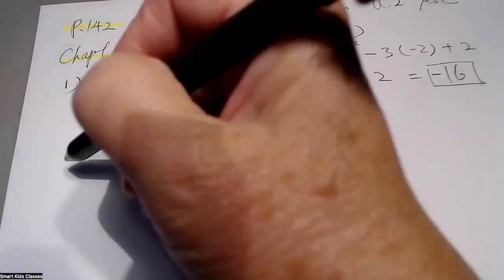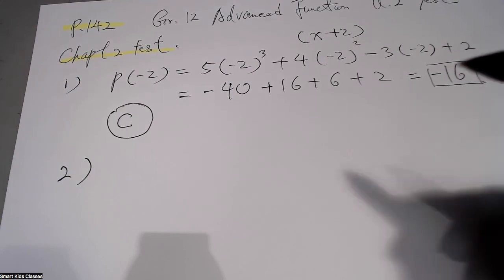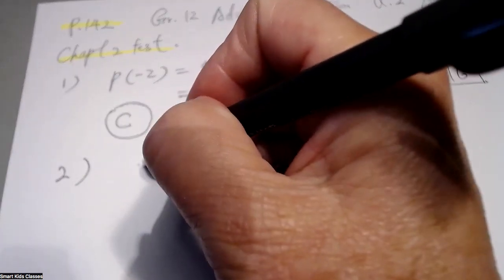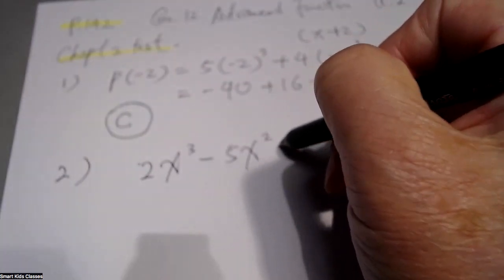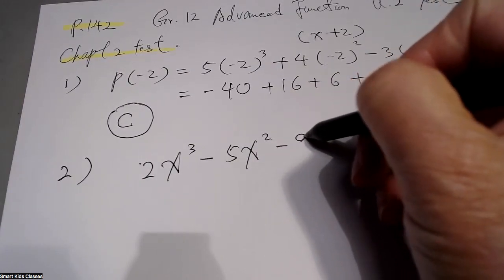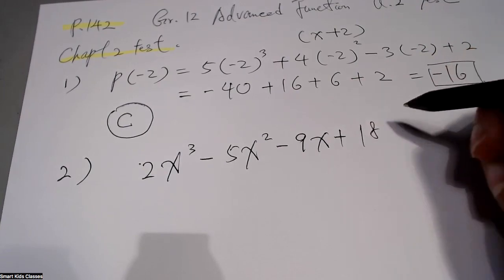Now, how about question 2? I'm going to read it for you. Question 2, which of the following is not a factor for the function 2x^3 - 5x^2 - 9x + 18?